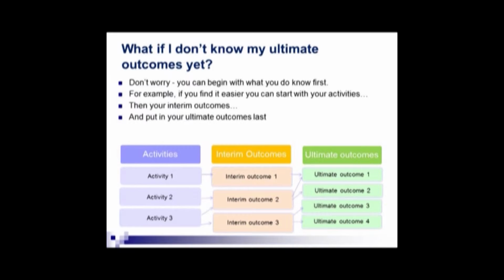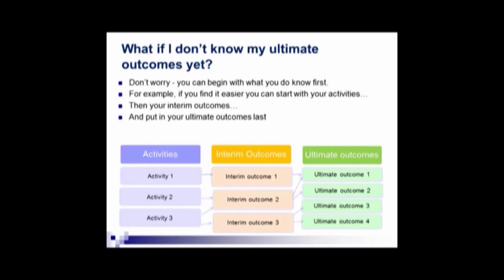For example, if you find it easier, you can just start with the activities that you do day to day and then ask yourself, well, why do I do those activities? And that will probably generate your first list of interim outcomes. Ask yourself again, well, why do those interim outcomes matter? And you'll start to populate outcomes that you can put into the interim outcome column and outcomes that you can put into the ultimate outcomes column.